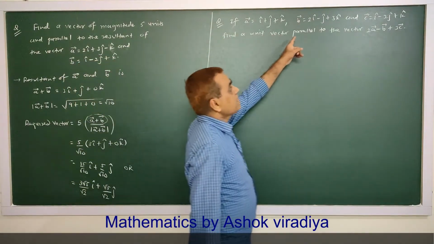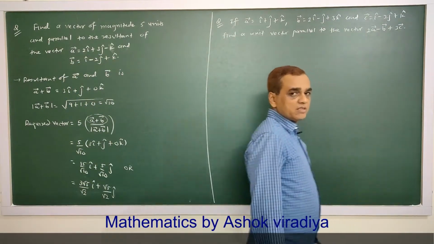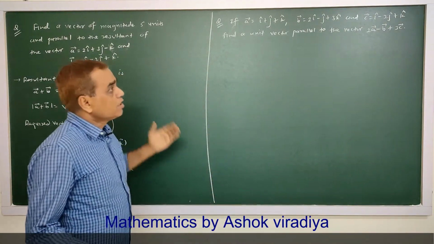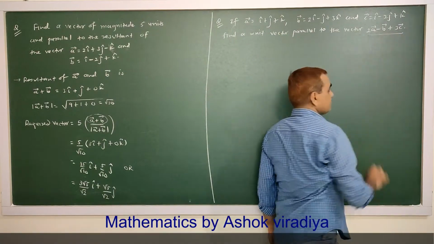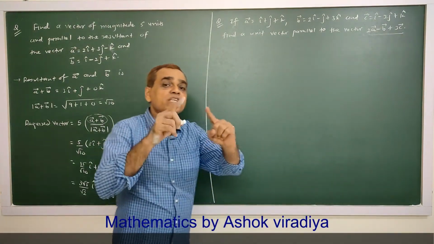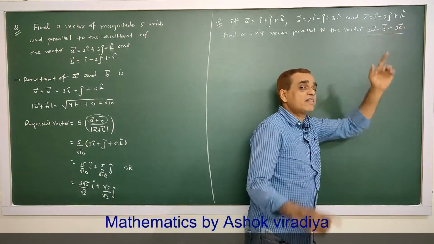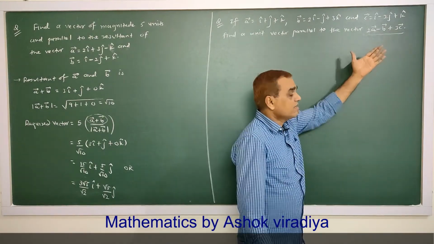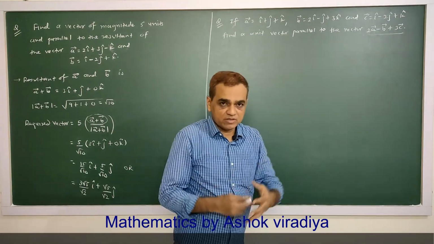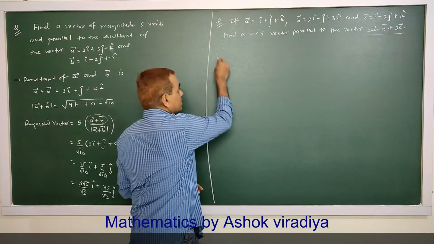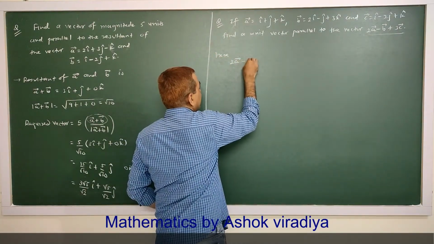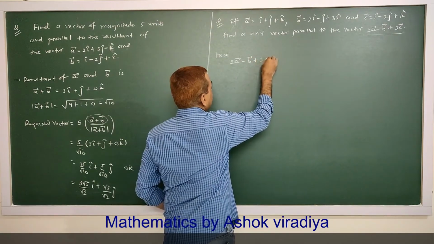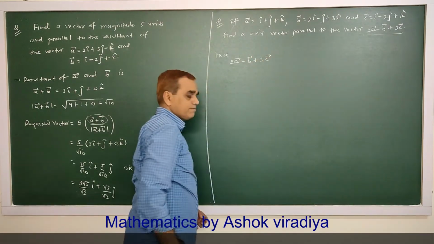Vector a, vector b and vector c are given. We want a unit vector parallel to this vector. So a unit vector parallel to any vector means we divide that vector by its magnitude. So first of all, we find 2 times vector a minus vector b plus 3 times vector c.